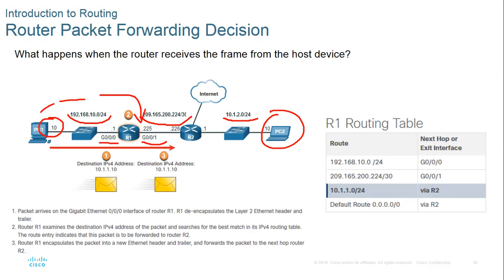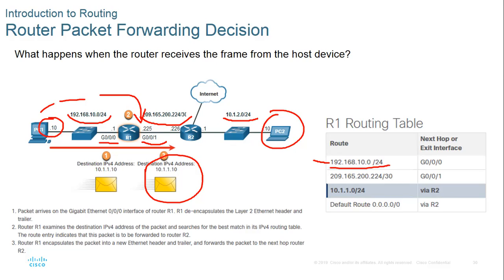R1 will check its routing table. By looking up the routing table, it does a matching between the destination IP address and every entry within the routing table. It's a sequential reading of this routing table. So it takes the IP address, which is a host IP address, while the routing table carries only network addresses.